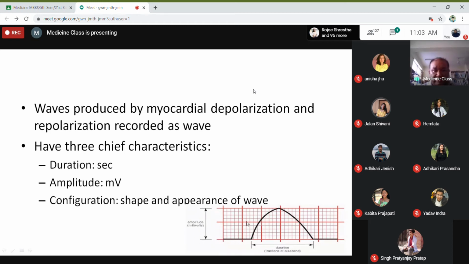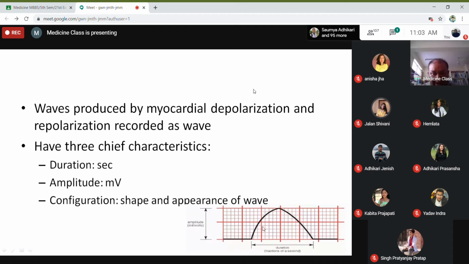There are three main characteristics we use to describe this wave. One is duration, on the x-axis, which we usually measure in seconds.